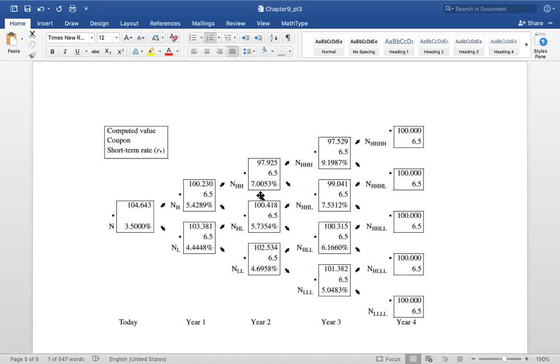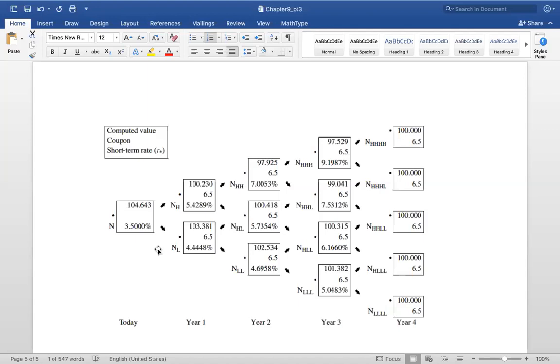To verify that this value is correct, you discount back these two values and then take the average. You can see its price is equal to what we discussed, 104.6. Here the only difference is that the face value used is 100.